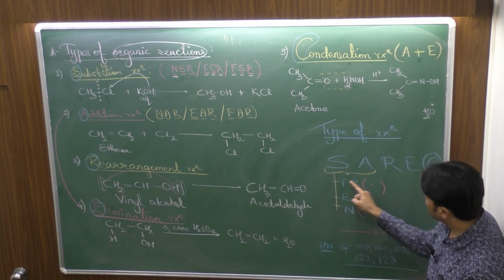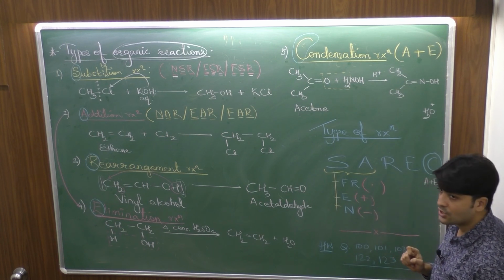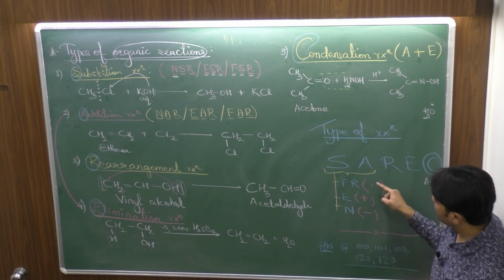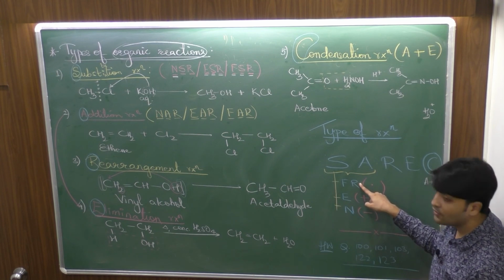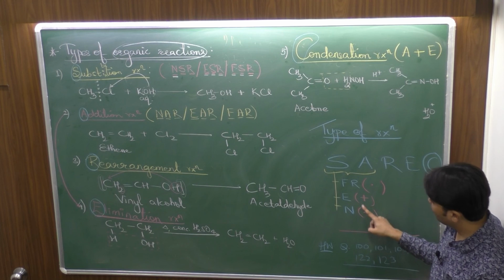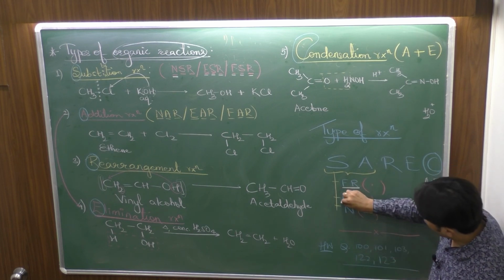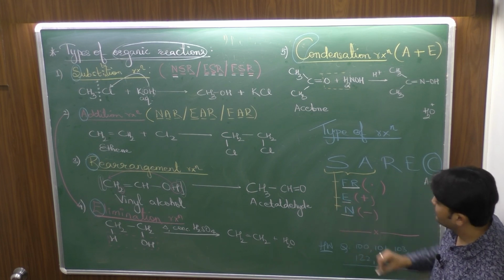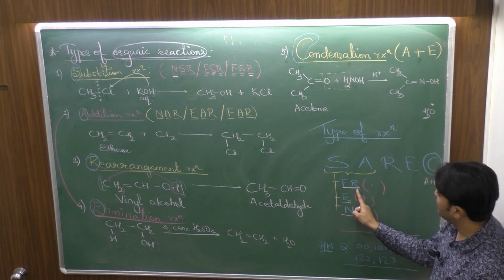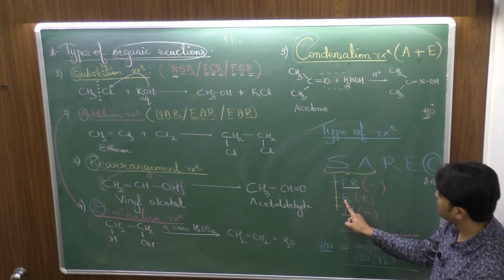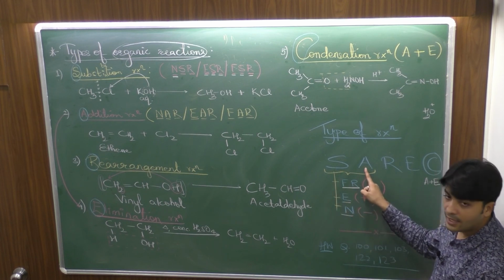Now, under substitution and addition, I said that there are 3 types each, and those types depend on the species, that is the type of the attacking reagent. It can be a free radical or electrophile or a nucleophile. Free radical is Fr, electrophile is E and nucleophile is N. So it can be a free radical substitution, free radical addition, electrophilic substitution, electrophilic addition, nucleophilic substitution or nucleophilic addition.